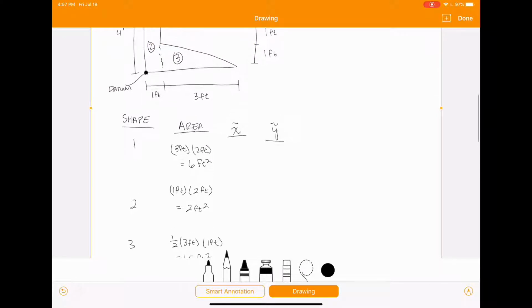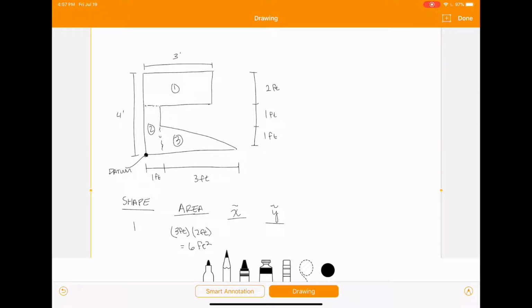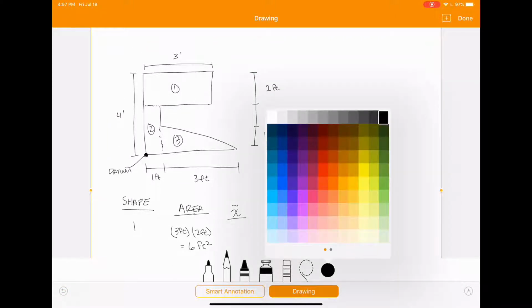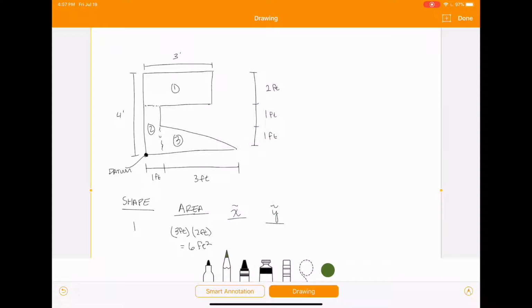Now we're going to go ahead and find our X tildes for each shape. The X tilde is going to be the X distance measured from this datum that we selected over to the centroid of that individual shape. So for a rectangle, we know that it's right in the middle. So it's going to be that distance there.